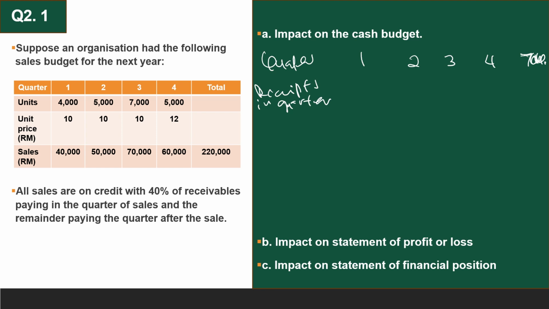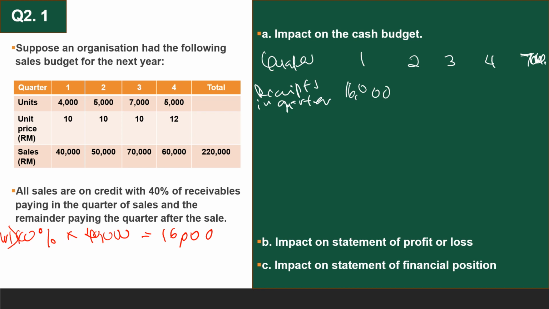So for the first quarter, let me consider this our first working: 40% of 40,000, you get 16,000. Then you write here 16.